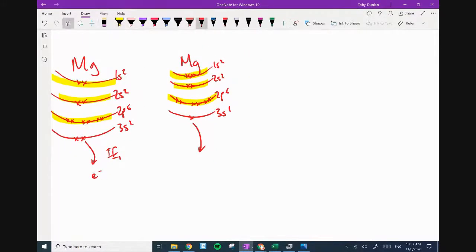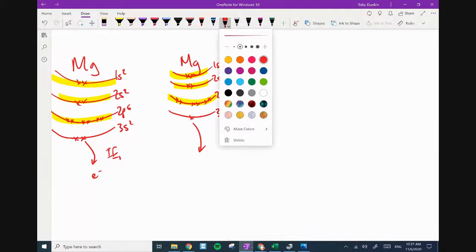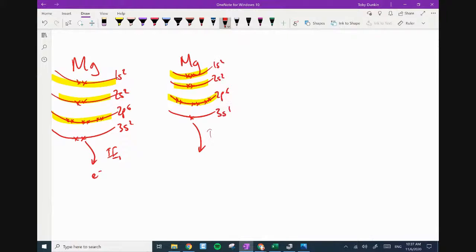If you go to the third ionization energy, IE3, that's IE2. If we go to IE3, this is what it would now look like. Oh, that shell's gone.